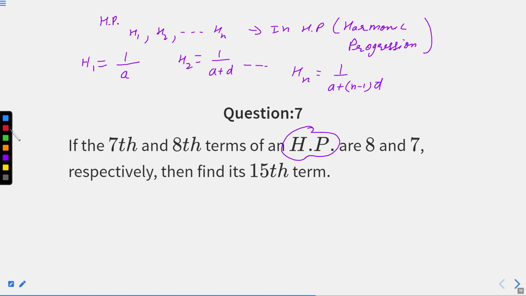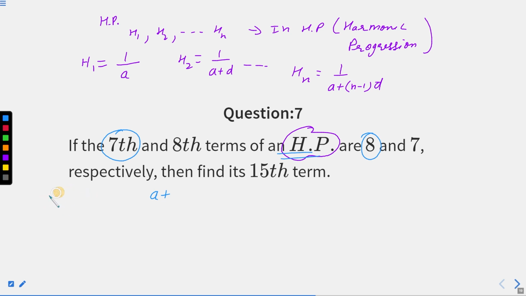Clear? So using this concept that the terms of HP are nothing but the reciprocals of the terms of AP, the seventh term of HP equals 8. Let's first find the 7th term in AP, then we will take the reciprocal.